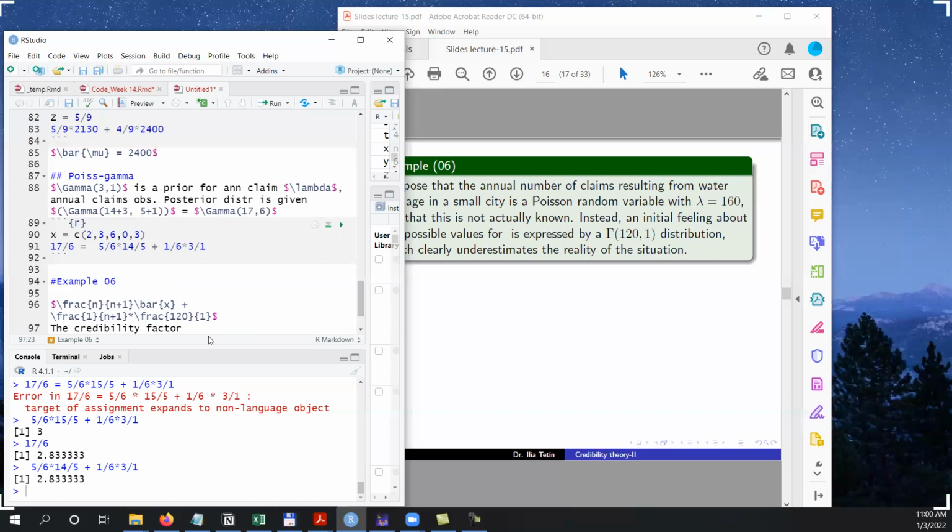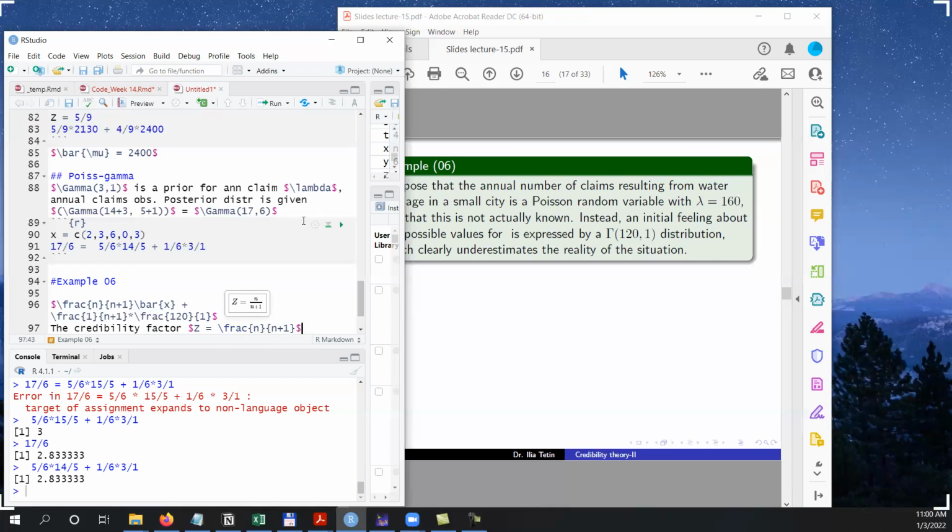So the credibility factor z is n over n plus 1. Okay. What is happening with this credibility factor actually? It converges, and it converges rather quickly to 1.